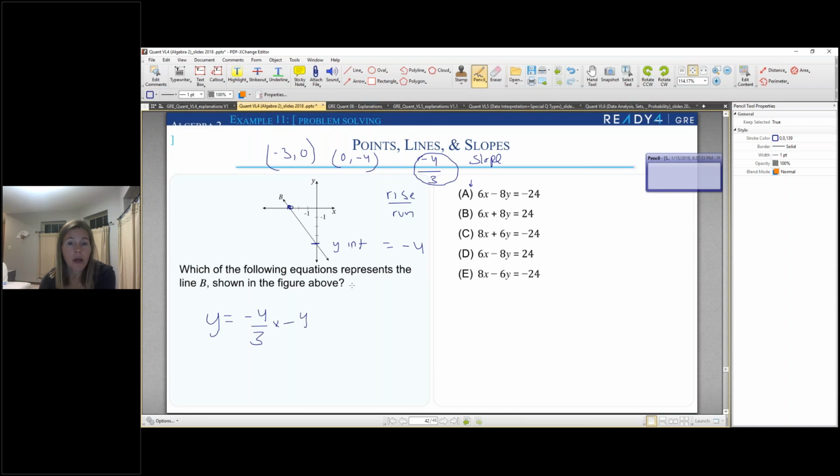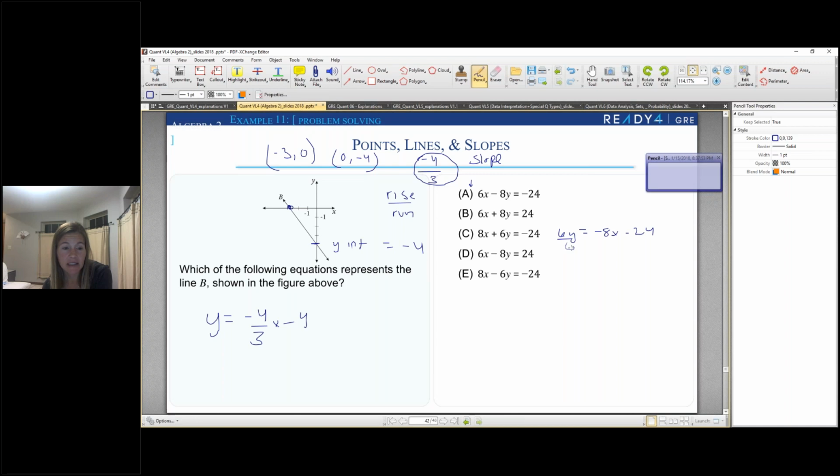Okay, so looking at all these choices, you're going to have to rearrange them, unfortunately, and you can start to get a sense for which one is going to work out better. For example, you know that you need to end up with a negative intercept. All right, so just starting in the middle for no particular reason, if I get y alone, 6y is equal to negative 8x minus 24.